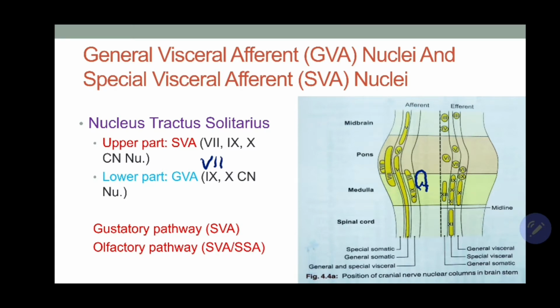So in the lower part, sensations will be brought in from the submandibular salivary gland, sublingual salivary gland, and lacrimal gland. The general visceral afferent sensations from these glands will be brought to the lower portion of this nucleus through the facial nerve.